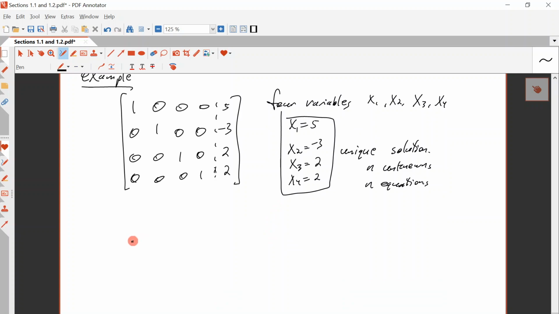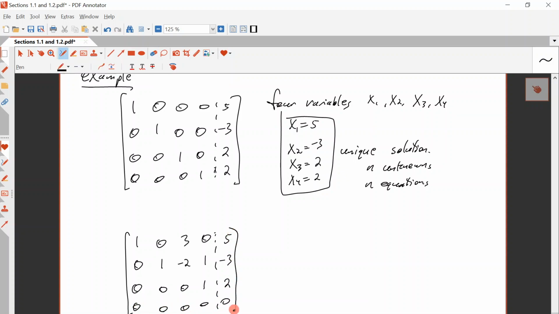Or if you had something like this: 1, 0, 3, 0, 5; 0, 1, minus 2, 0, minus 3; 0, 0, 0, 1, 2; and 0, 0, 0, 0, 0.